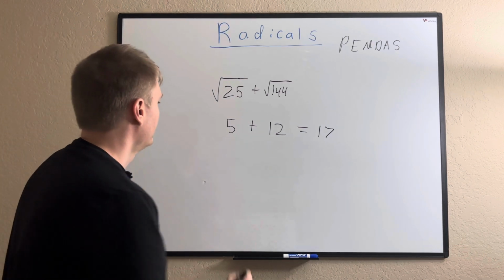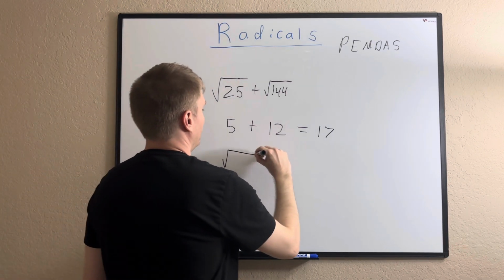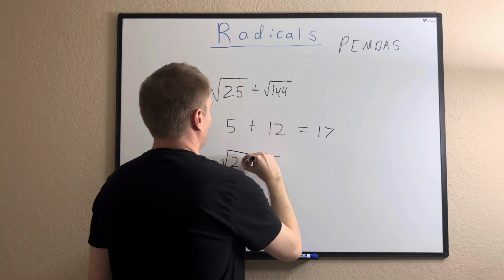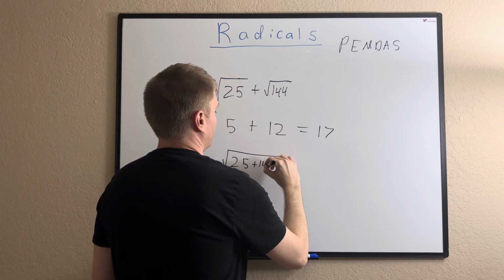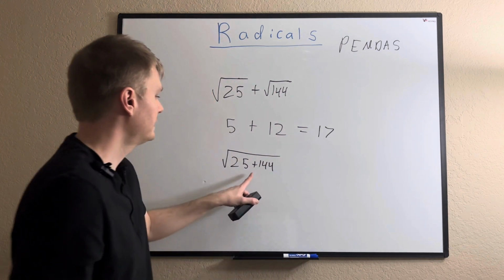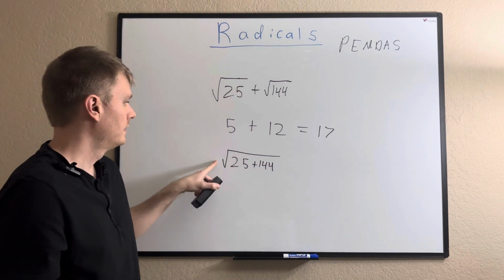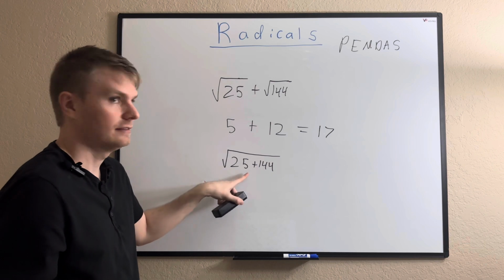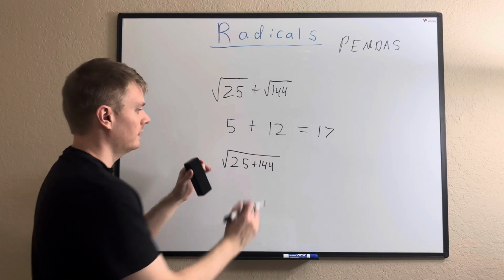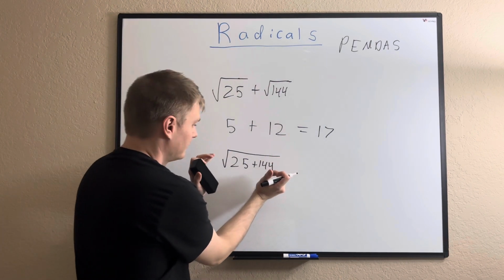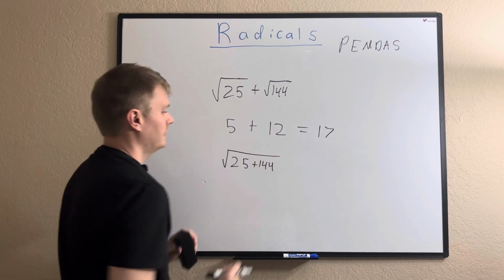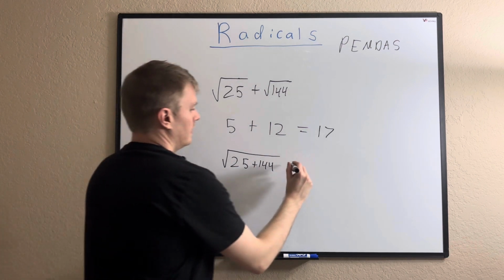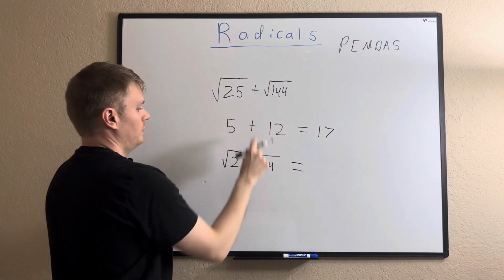Now, there's a difference. What if we add inside the radical? Now, we can add them together because they're in the parentheses there, in those understood parentheses. Know the difference.